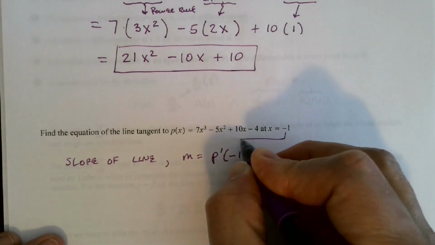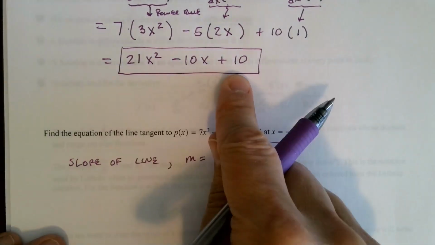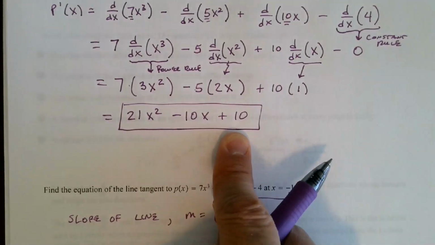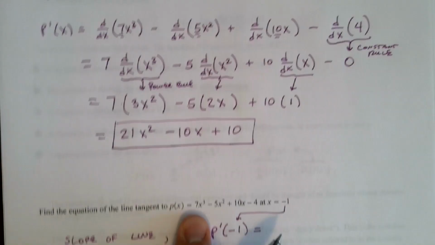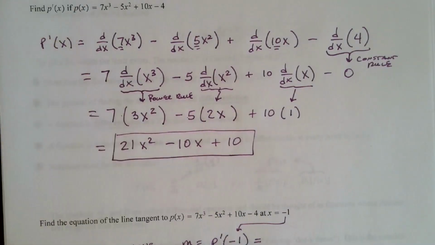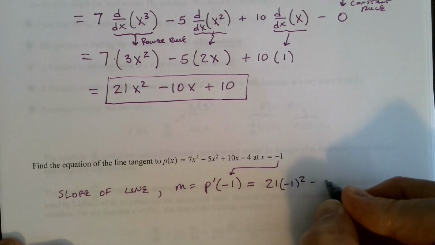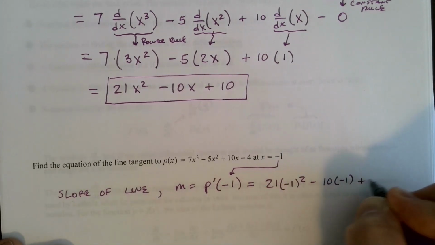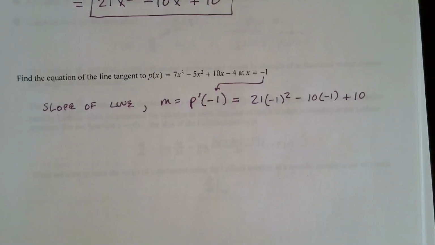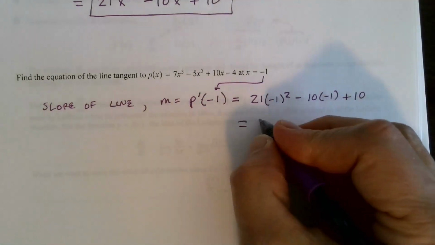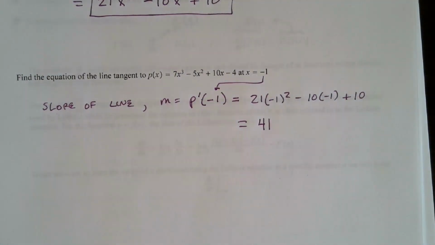We're looking at x equals -1. And this is the derivative right here we just found up here. So I'm going to use that result, because this is the same function, by the way, that we were talking about. And so it's 21 times -1 squared minus 10 times -1. Just evaluate that, and if you do, you're going to get 41. I'll have you check that.